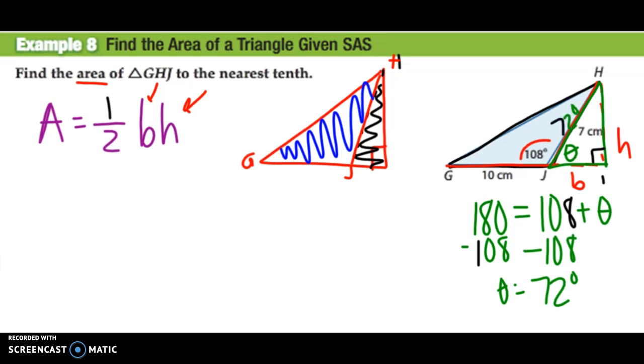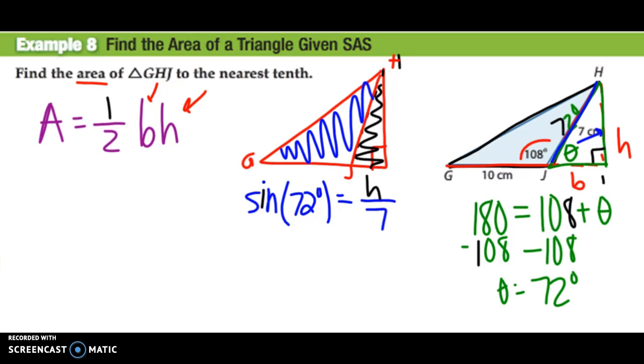Now if I know that, what I can do next is use my trig ratios, that I'm very fluent in, to find the value of H. Since I'm looking at this theta, I'm looking at the opposite side over the hypotenuse, which is 7 centimeters. So sine of 72 degrees is equal to the opposite side, which we're calling H, over the hypotenuse of 7.